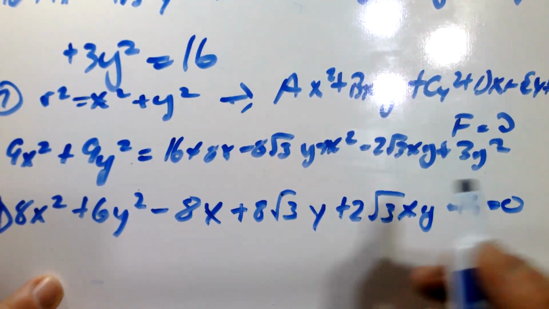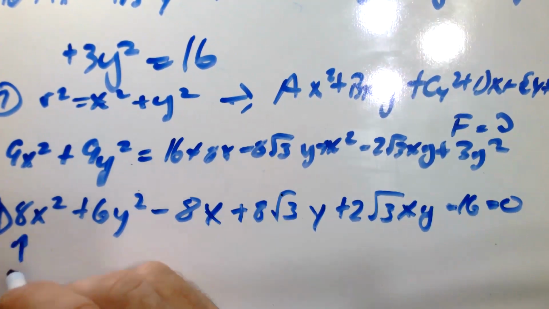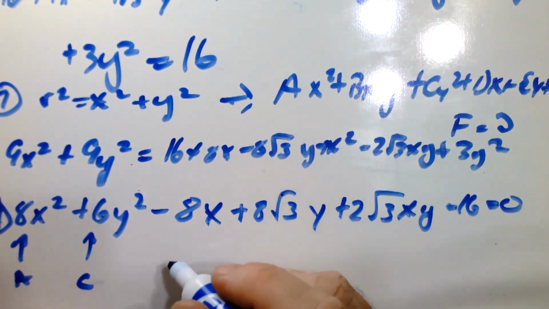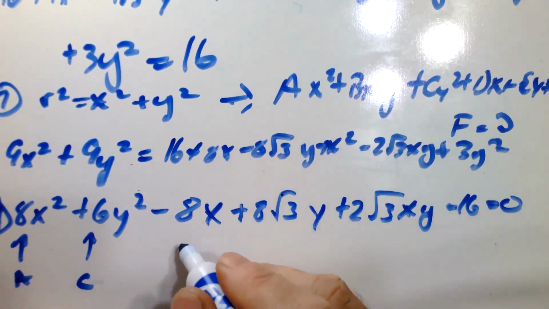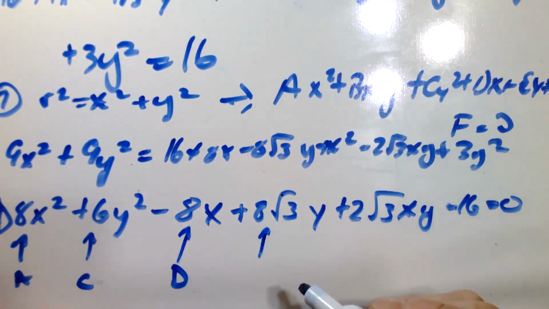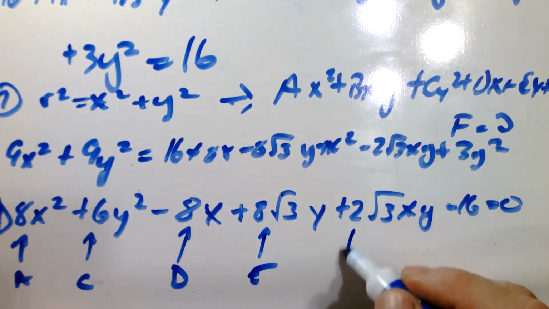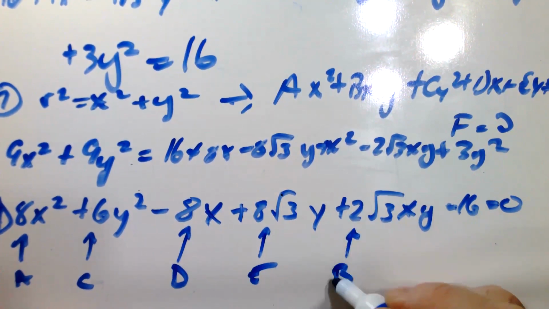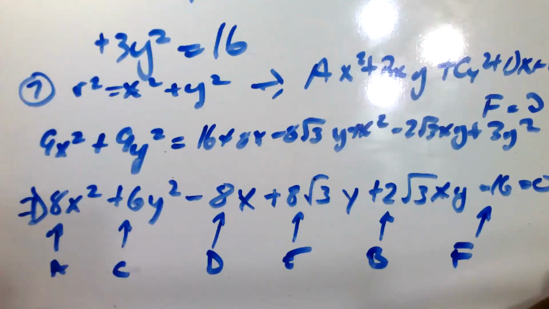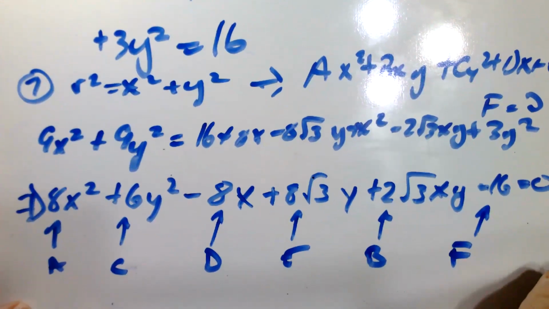All right, so identifying here, this is A, there is C, negative 8x is D, that is E, that is B, and there is F. Okay, so we've identified each of those terms.